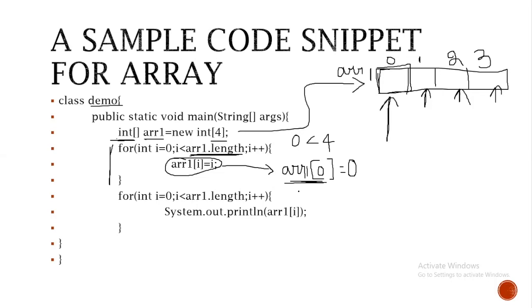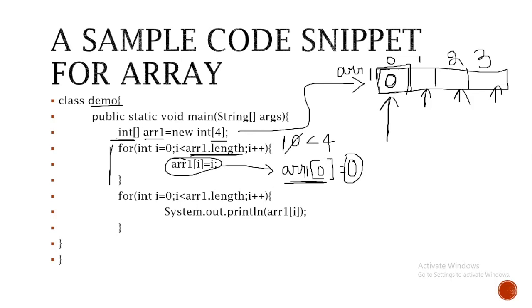So what are we doing here? Into this first block, put the value 0. That is what this line of code means. So into the first block, we're putting the number 0. And then we're doing i plus plus here. So now i will become 1. Again, we check if 1 is less than 4, which is true. So we again execute this line of code. This time, the i value is 1.